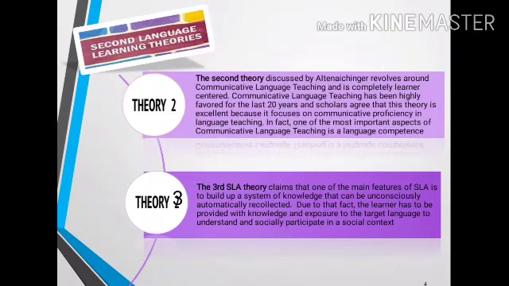The second theory, discussed by Alton and Neshinger, focuses on communicative proficiency in language teaching. In fact, one of the most important aspects of communicative language teaching is language competence, or in other words, the knowledge and ability to use the target language.